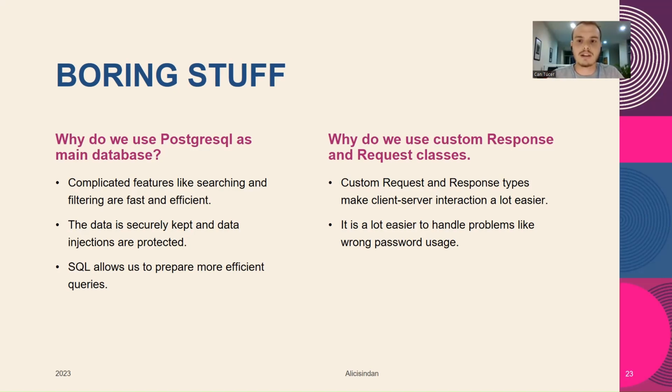And why do we use custom response and request classes? Those classes we designed help us make client-server interaction a lot easier. By using these classes, we make the process a lot more efficient and faster. It's also a lot easier to handle problems like wrong password usage and server-side exceptions when we use the classes we made.